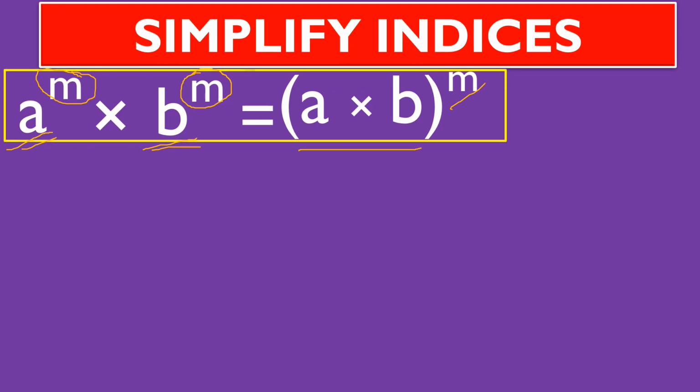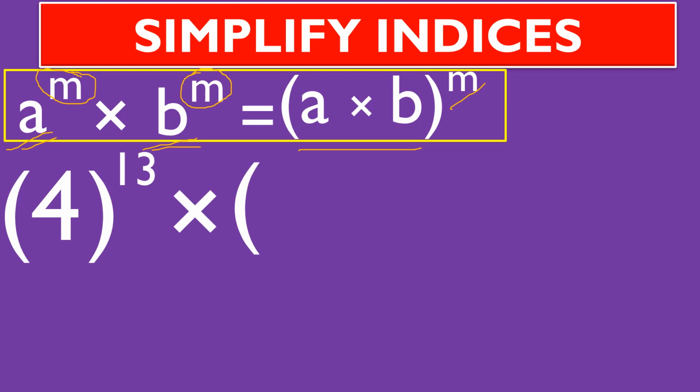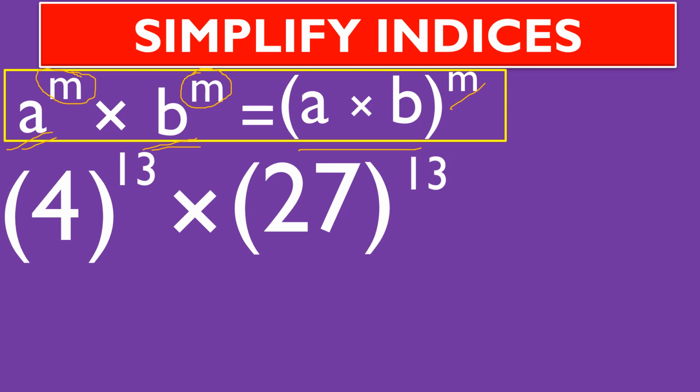In the same manner, we have 4 raised to the power of 13 times 27 raised to the power of 13. Again, we have 4 raised to the power of 13 times 27 raised to the power of 13. Remember, that is the same as we have above.